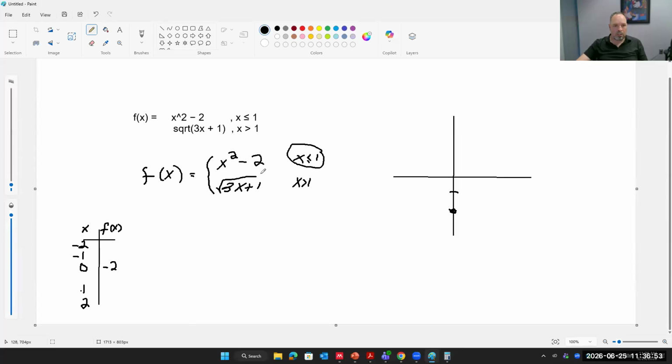So when I plug in a 1, this is 1 squared minus 2, which is minus 1. So when x is 1, y is minus 1. And when x is 2, we get 2 squared, which is 4. 4 minus 2 is 2.